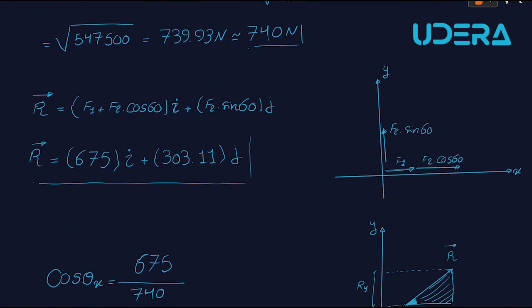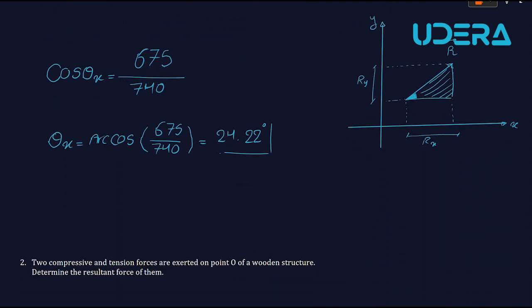So we found the magnitude of the resultant vector R, which is 740 newtons. Then we found the x and y components of the resultant vector, and finally we found the angle that the resultant vector makes with the positive x direction.